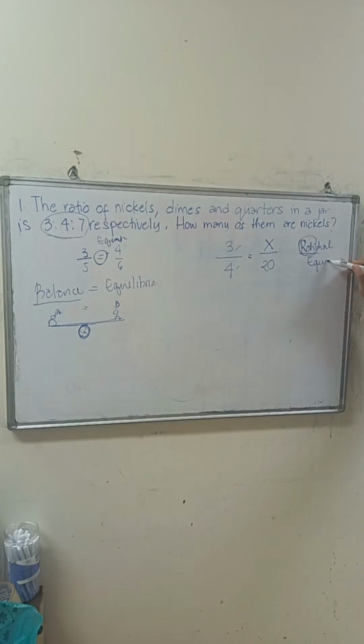Meaning to say, equation is a noun, rational is an adjective, a description describing the noun. That's why it says rational equation. So that is an equation specifically focused on ratios or division. The moment you have something like this, that's a rational equation. Now, what signifies here that this is an equation?